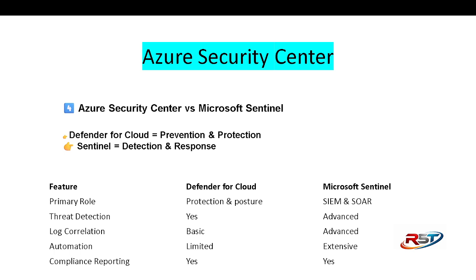Log correlation: Defender for Cloud gives the basics, and Microsoft Sentinel gives the advanced features. Automation: Defender for Cloud is limited, and Microsoft Sentinel is extensive. Compliance reporting: Defender for Cloud has it, and Microsoft Sentinel also has it.